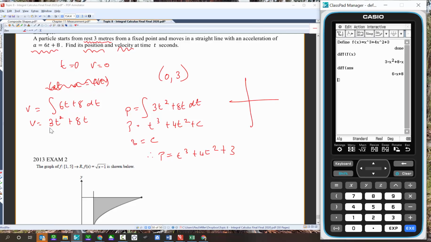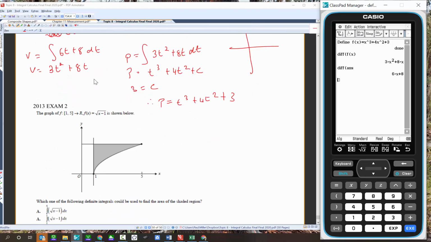So you can move between the functions quite nicely when you get more information. So when the question actually gives you that further information, you'll know that you can actually write in full the antiderivative or the velocity and the position functions with that particular information.